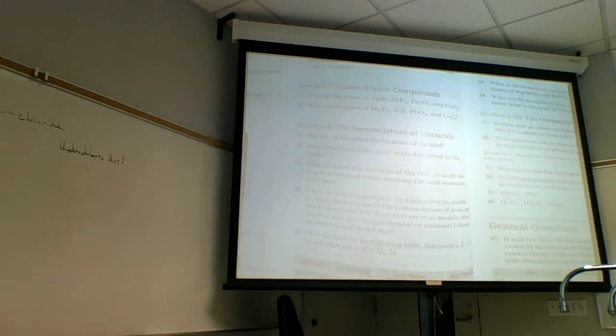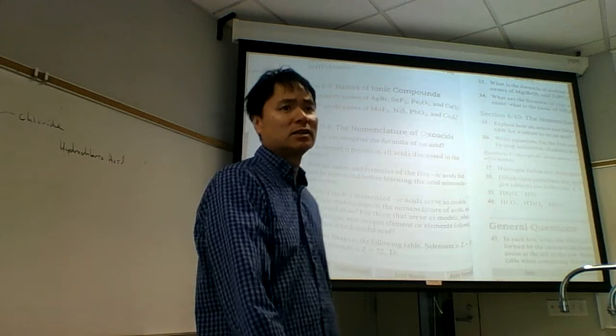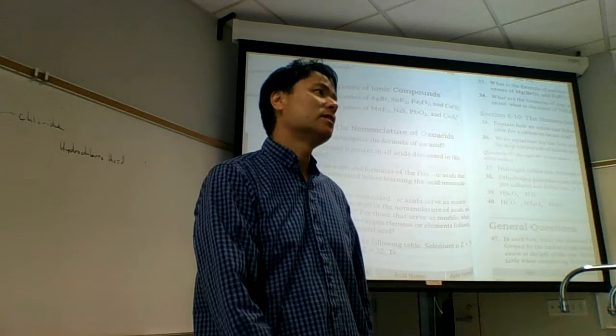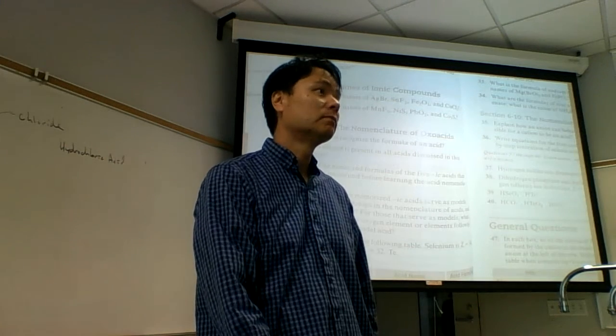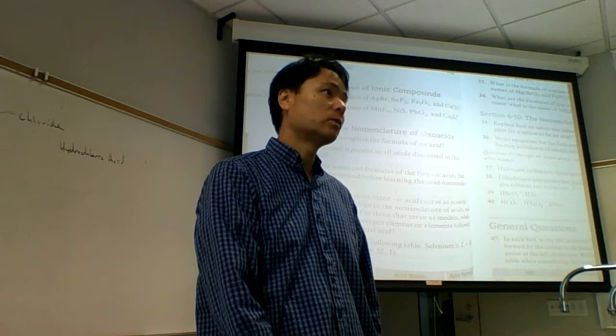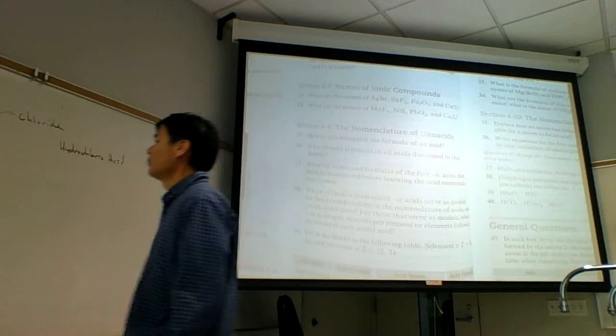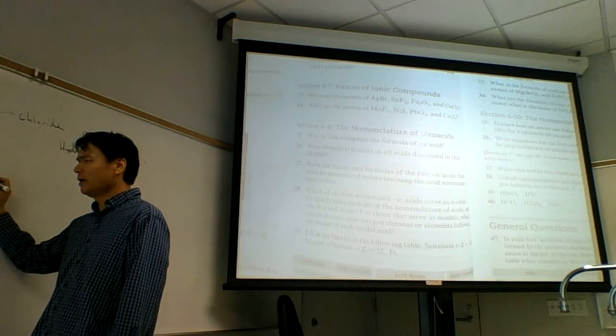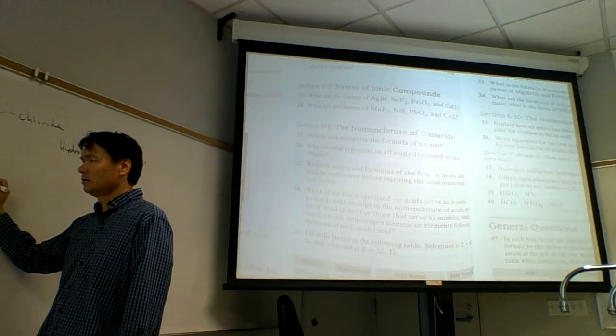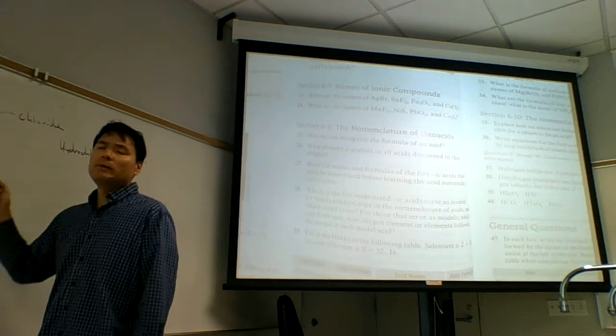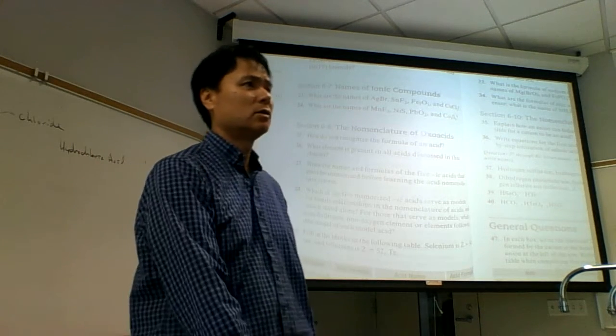If it ends in -ate, all we do is we just change the ending to -ic acid. So what ends in -ate? Give me an anion that ends in -ate. Any anion that ends in -ate. Borate? You want to go with borate? All right. Borate, what's the formula for borate? BO3, and the charge is 3 minus.